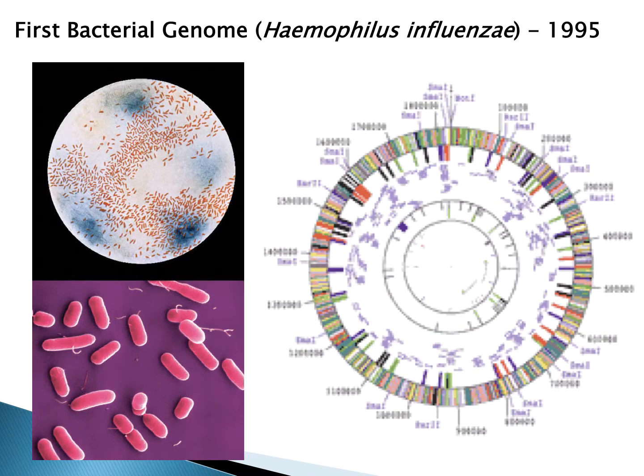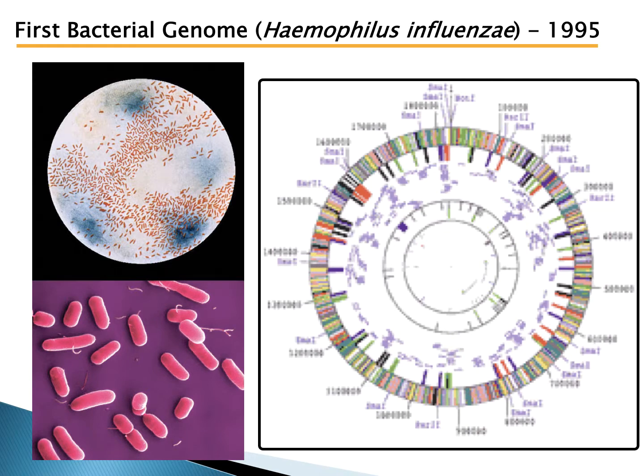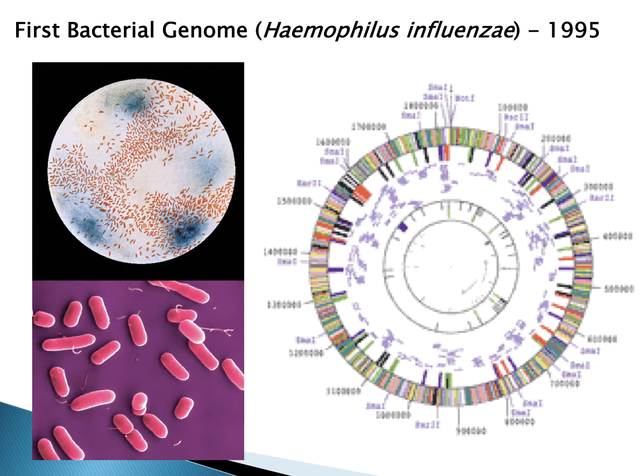In 1995, the first complete bacterial genome, that of Haemophilus influenzae, was sequenced. So that was quite an undertaking at the time. It was over a megabase in size, so it's quite a large number of nucleotides to sequence, and it took several labs several years to complete the project.